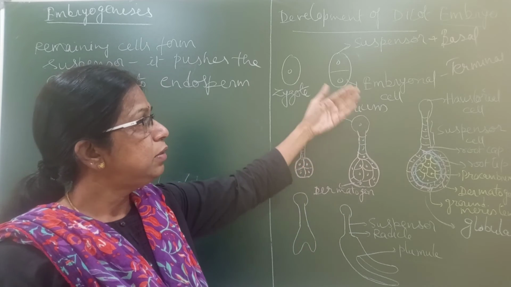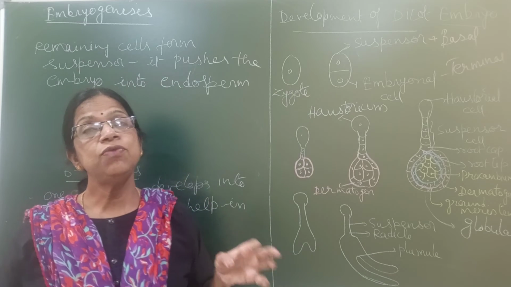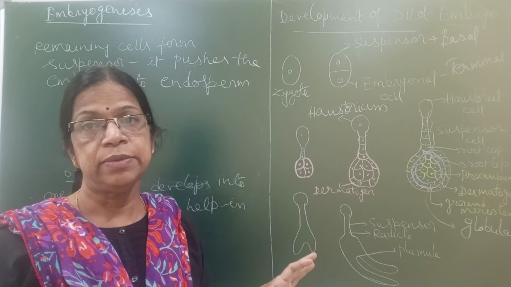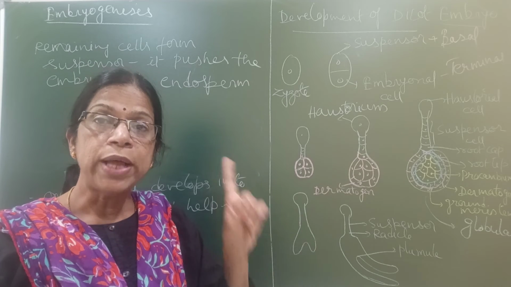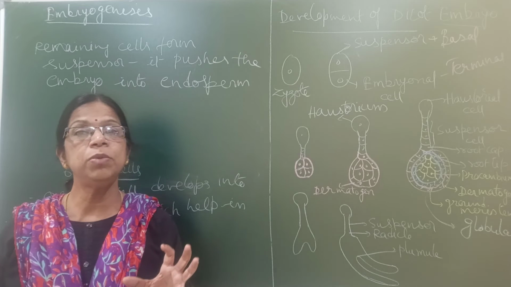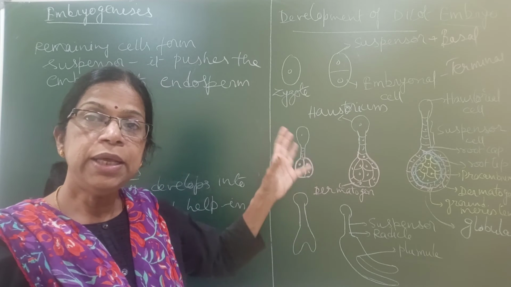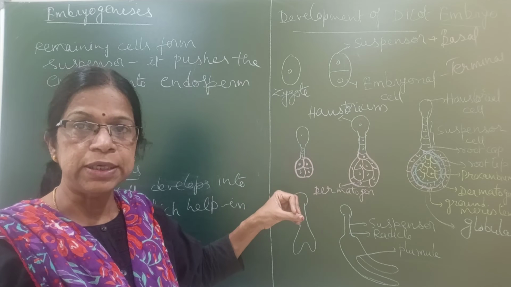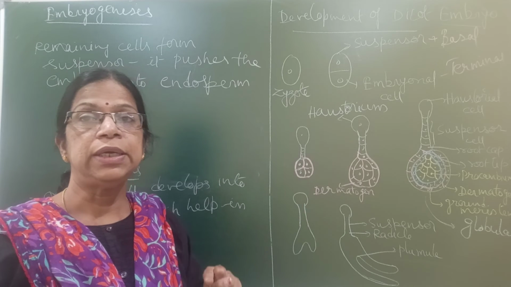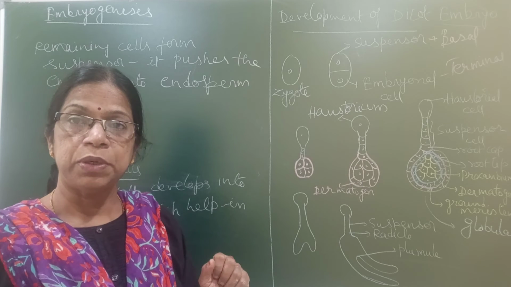Then the basal cell further divides and forms 6 to 10 cells. Out of that, one cell develops into haustorium, which helps in absorption of food material from the surrounding endosperm. The remaining cells form the suspensor, which helps in pushing the embryo deep into the endosperm.